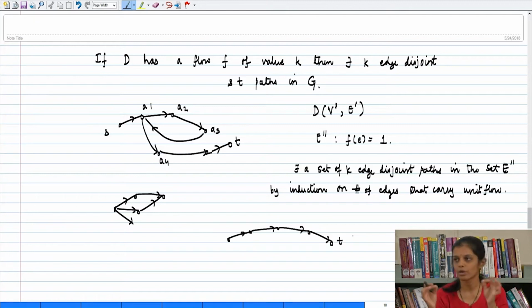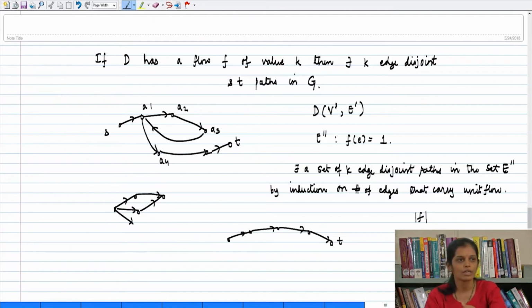I have actually found one edge disjoint path, and what I will do is take this edge disjoint path and reduce the flow on all the edges of this path by 1. Therefore the flow value will also decrease by 1, and if my initial flow value was cardinality of f, I have a new flow f prime whose value is cardinality of f minus 1.